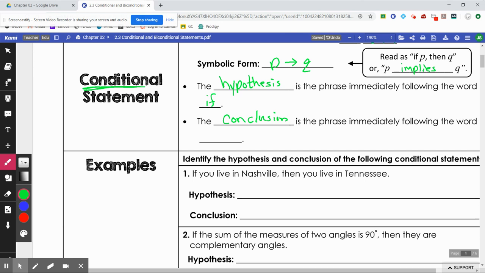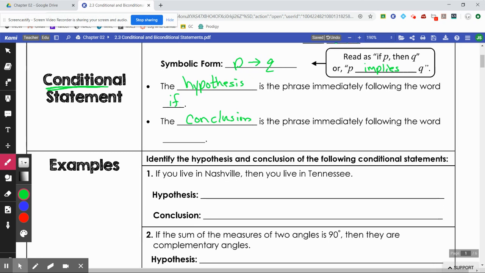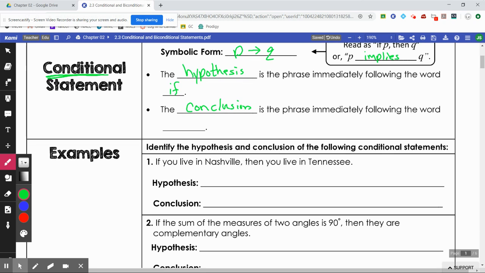Well, it all happened. The end happened because of everything that led up to it. The Q happened because of the P implying that it would happen. So the conclusion would be the Q part, and that's the part that always follows the word then, or the then part of the sentence.